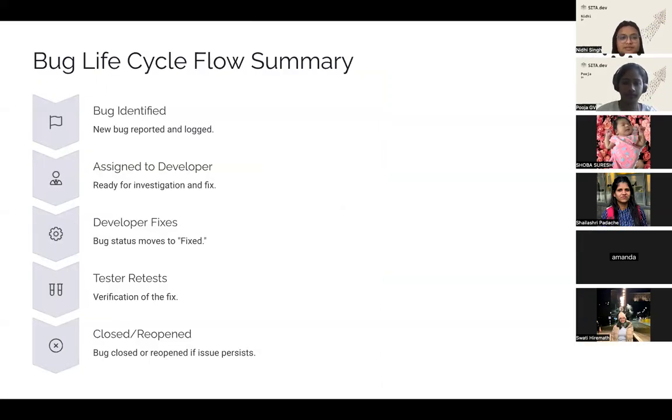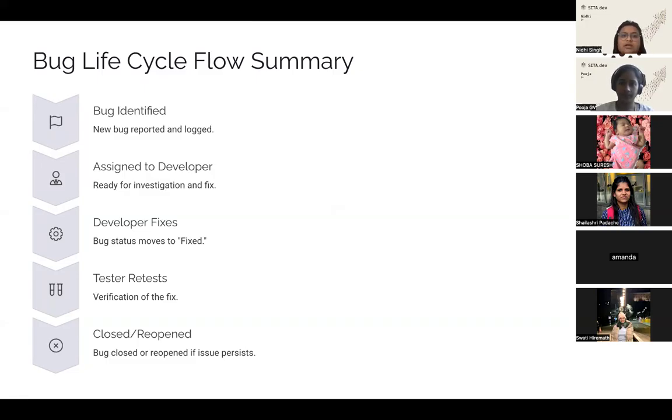This is the bug life cycle. First, the bug is identified, a new bug is reported and logged into the bug tracking system by the tester, and the status of the bug is new. Now the bug is assigned to the developer, and the status of the bug becomes assigned. The developer will start looking into the bug and analyze it, and the bug status moves to fixed.